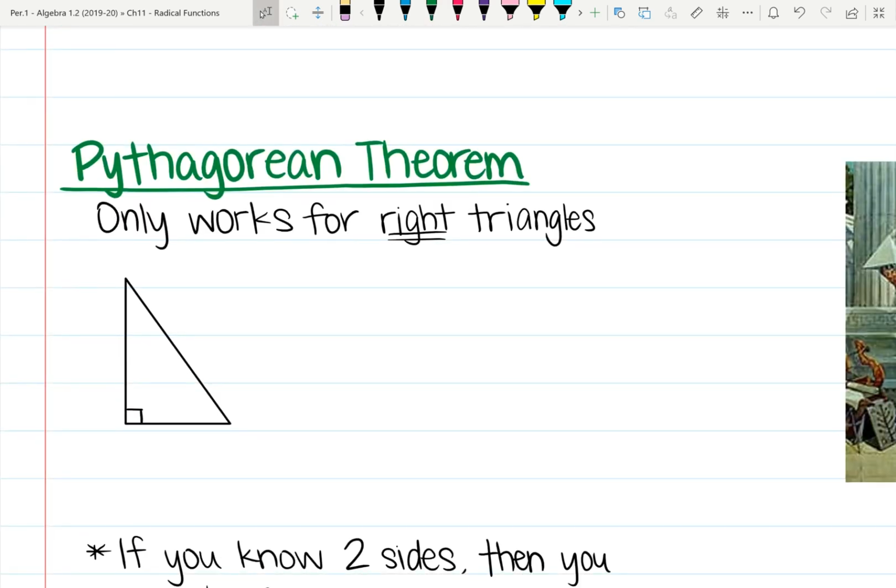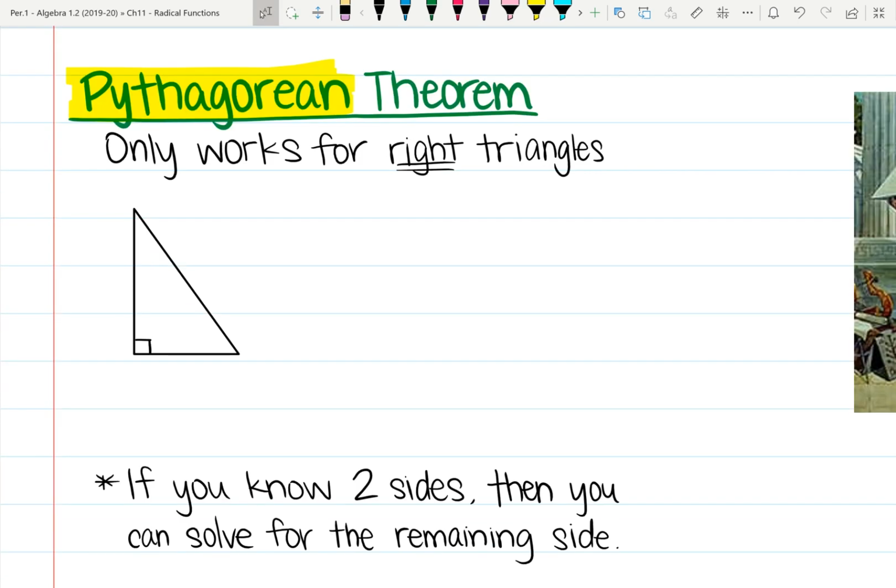First of all, the Pythagorean theorem only works for right triangles. And it's this. This is the Pythagorean theorem. It goes a squared plus b squared equals c squared.